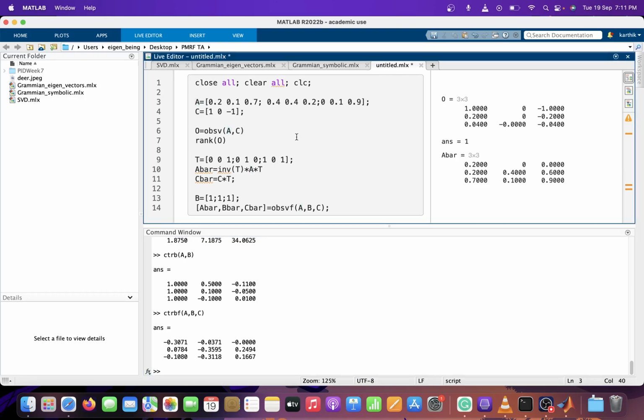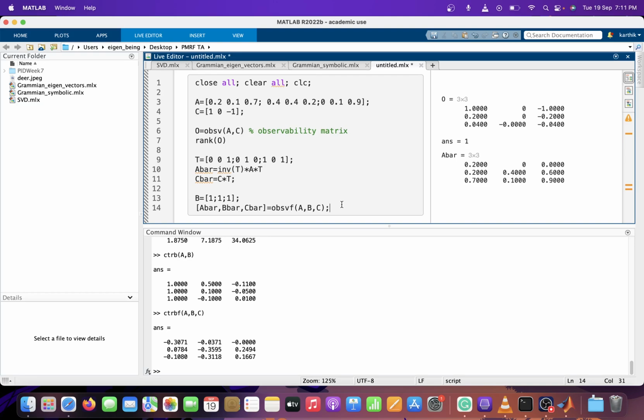Just a second. Observability. Even if you just share those function names, that will be helpful. Yeah, okay. Maybe in the notes itself, I'll write it down.